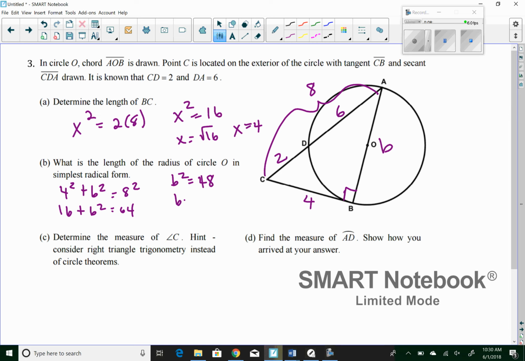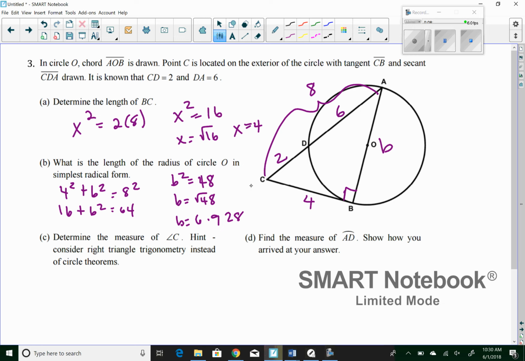So then B is equal to the square root of 48, which is going to be almost 7. So if we do the square root of 48, it becomes 6.928. But that's the diameter.